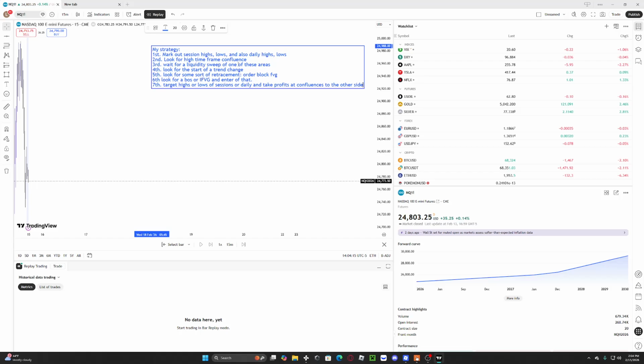And I usually will always put my stop loss up to break even after taking my first take profit. And then eighth, or I don't even really need to say eighth, but for my stop loss, it's usually below the liquidity grab or just at a clear area where my trade would be invalidated.